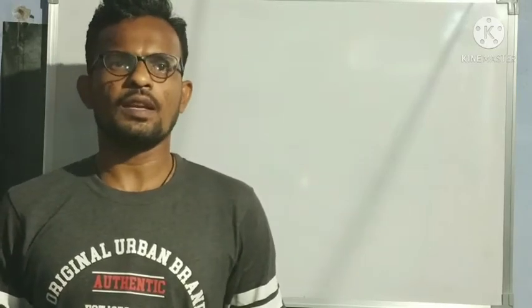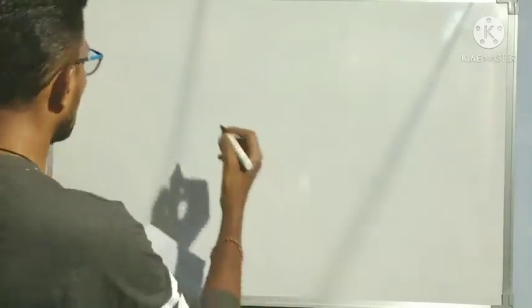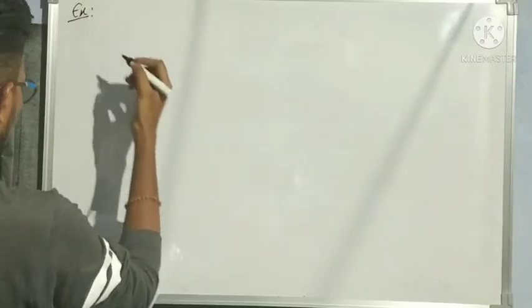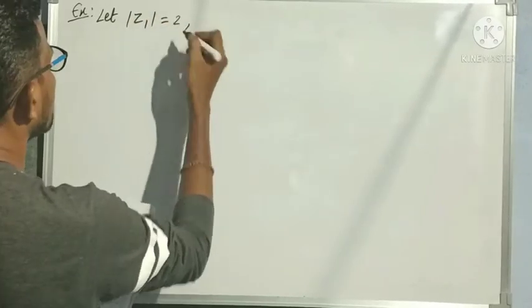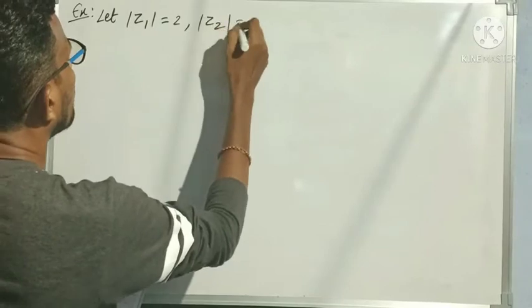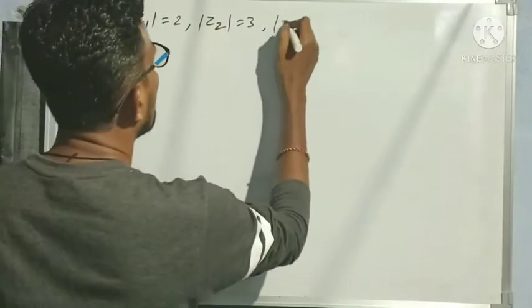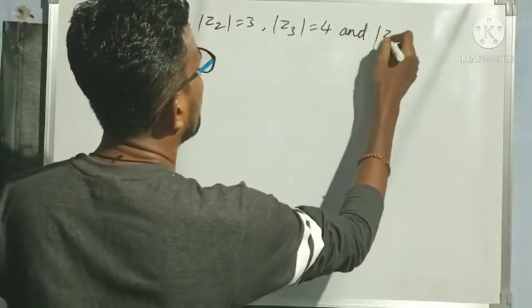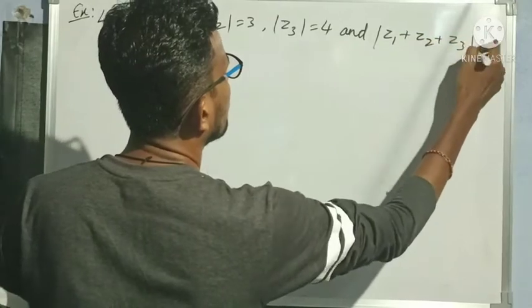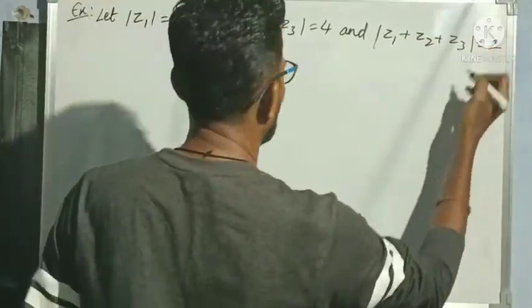So first, before going to properties of argument, let us discuss the one more example left in modulus. I will write the question and I will explain the solution. Example: let modulus of z1 is equal to 2, modulus of z2 is equal to 3, modulus of z3 is equal to 4, and modulus of z1 plus z2 plus z3 is equal to 2.